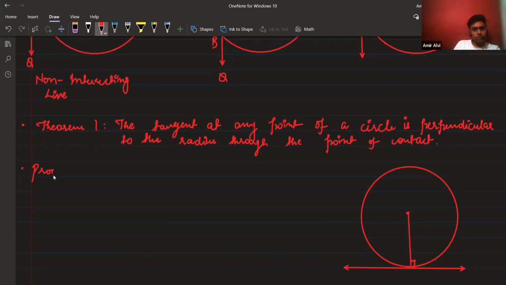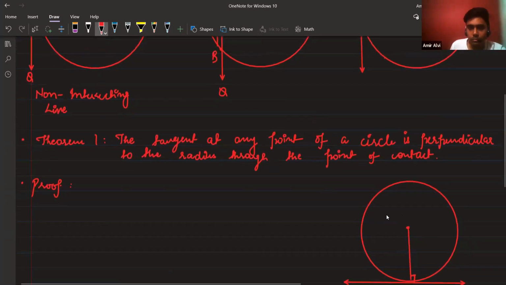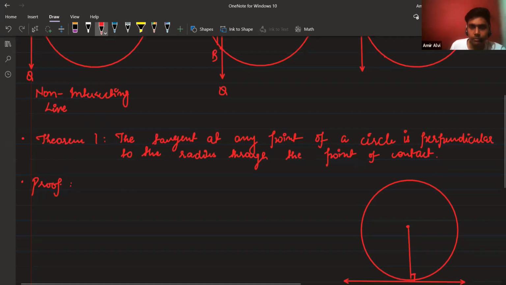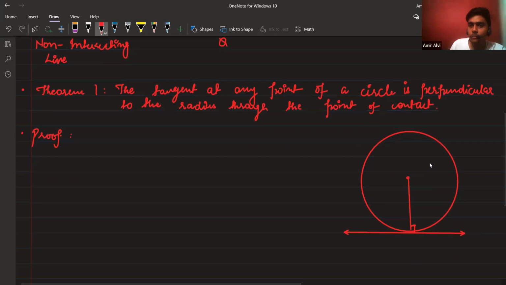Proof. Let's find out how to approach this. Now see, suppose this part is A, this part is O. Suppose that we need to prove that it's always perpendicular.